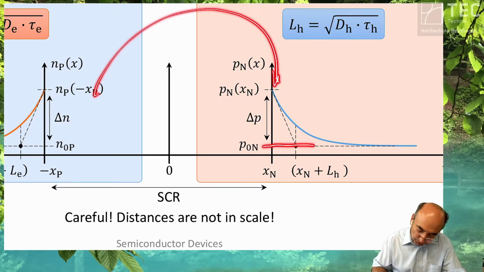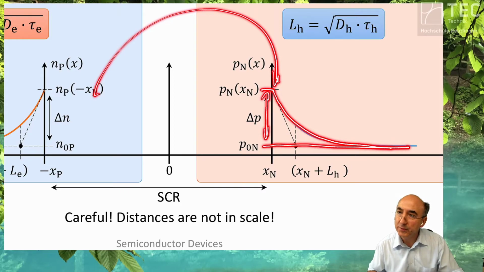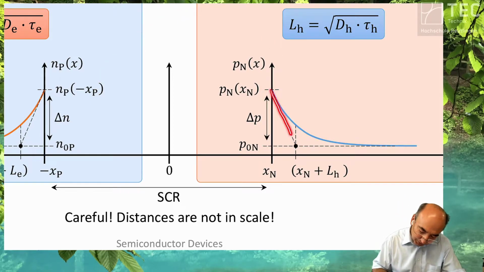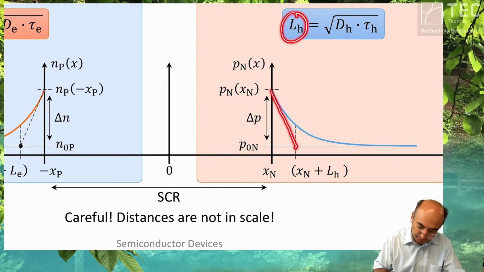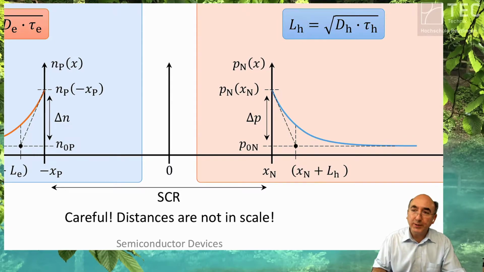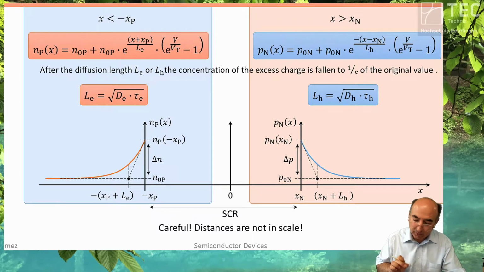The holes disturb the minority carrier concentration, and this concentration also drops as a function of the location. And also the time constant, the diffusion length, is given here. So what is the dependence of this diffusion length?